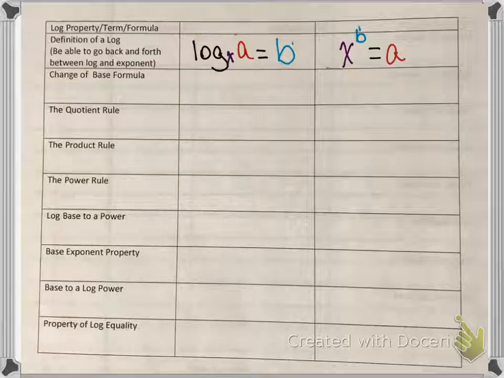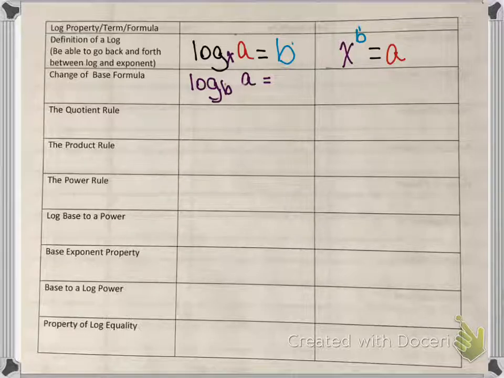So, the change of base formula: if I've got log base B of A, and B is not 10, or e, or 2 or 3, it's a lot harder to figure out.